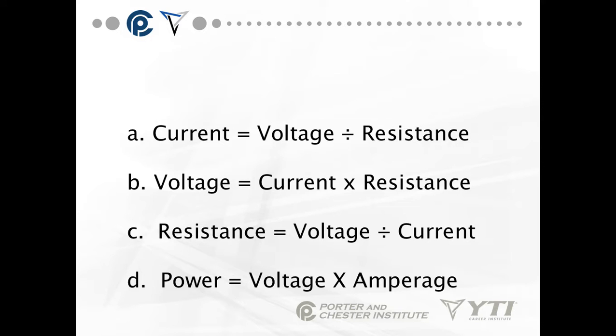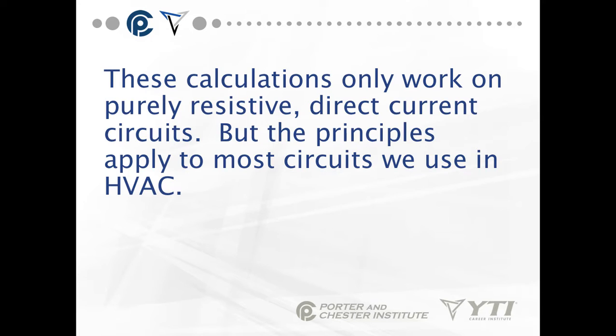When put into an equation, Ohm's law says current equals voltage divided by resistance. Voltage is current times resistance. Resistance is voltage divided by current. Power is voltage times amperage.